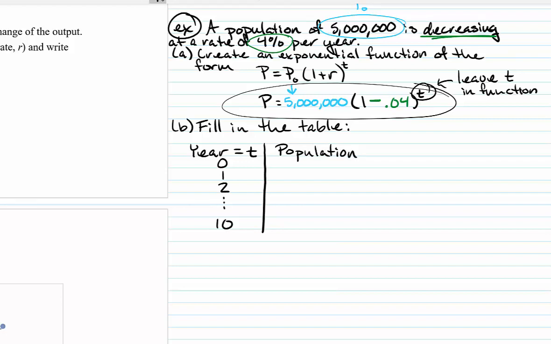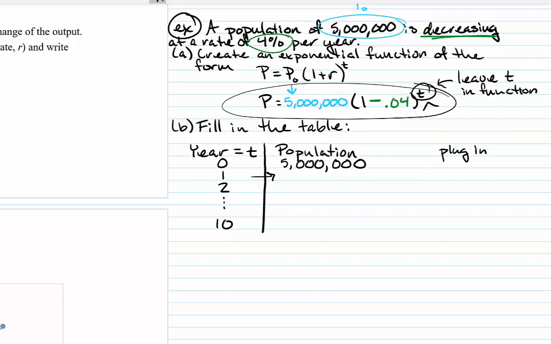It's exponentially decaying. The population at year 0, well, that'll just be 5 million because we haven't done anything yet. That's your starting point. That's your original amount. After 1 year, that's where you plug in 1 for T. So now we have a T value.